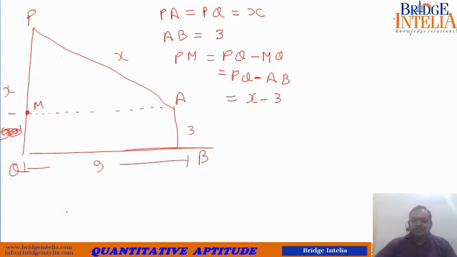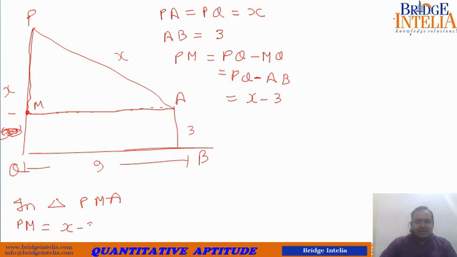So in triangle PMA, this triangle, if you analyze all three sides, PM is equal to x minus 3, PA is equal to x, and MA is equal to 9.